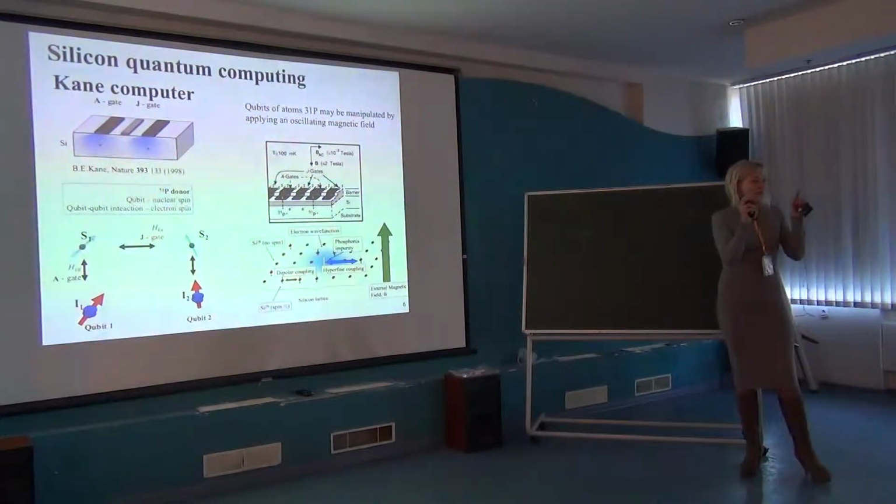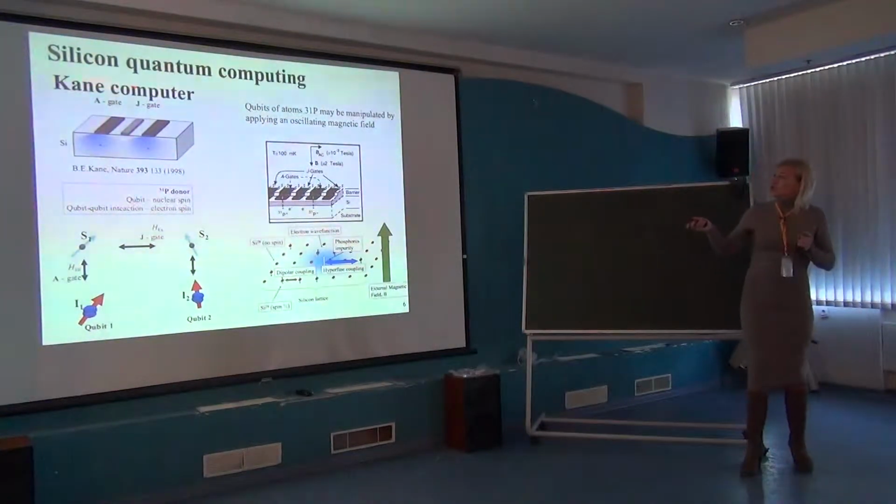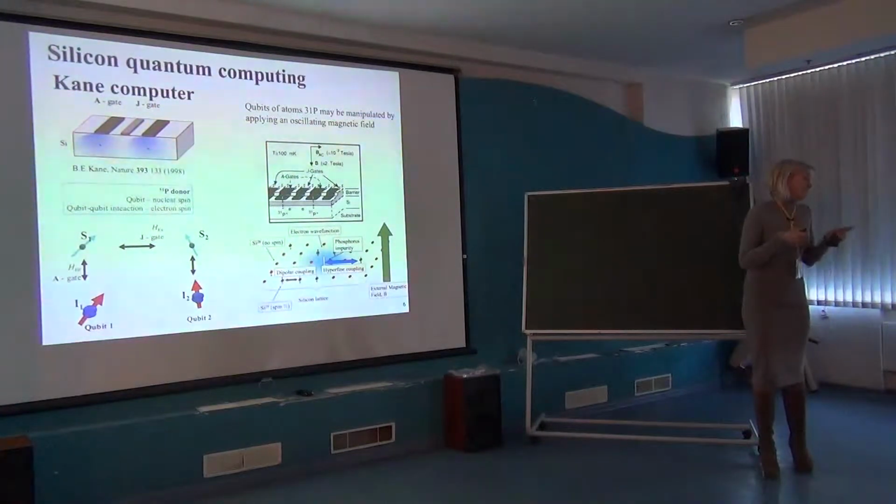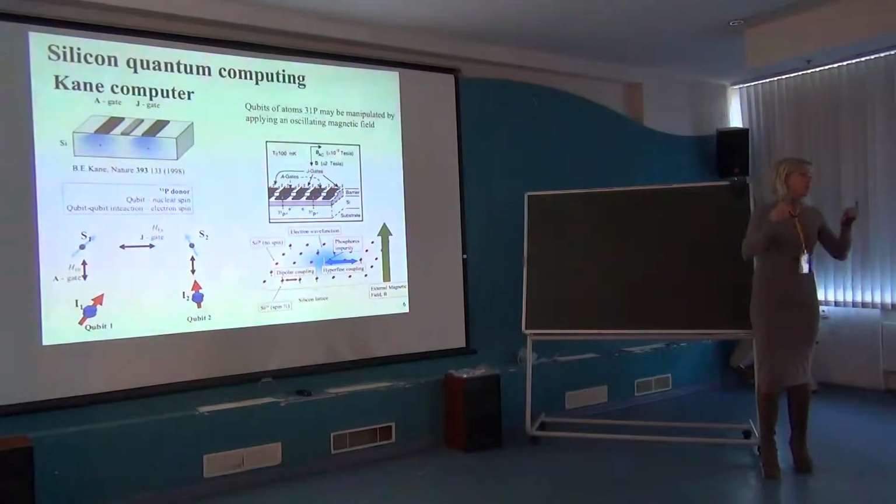He takes two atoms of phosphorus, which have nuclear spin and electron spin, so it's two separate qubits with some distance between them. And he used two gates. The qubits of phosphorus atoms may be manipulated by applying an oscillating magnetic field. So with different fields, different oscillations, you can manipulate their two spins as qubits.